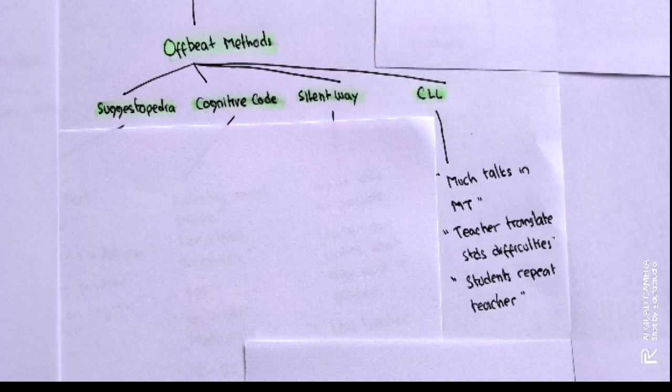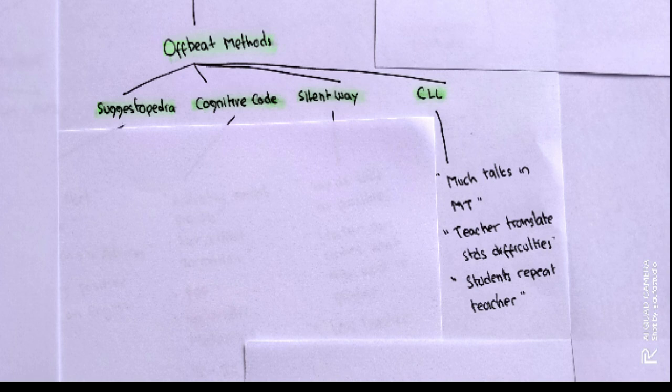Then in the silent way also, the teacher does not give a big burden to students to speak English all the time, but gives students freedom to share anything in English, depending on their interests. And in community language learning also, the teacher tries to place themselves in a similar situation or position to the students to avoid student anxiety.